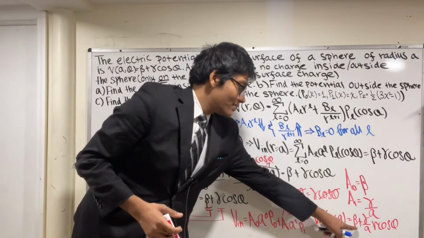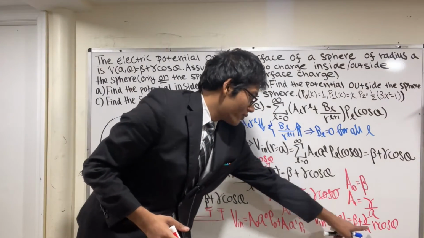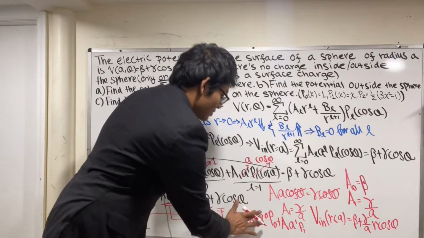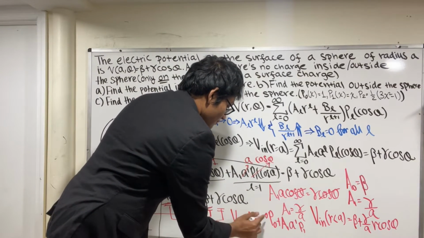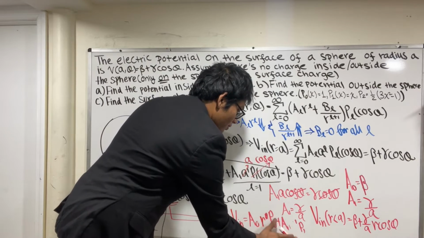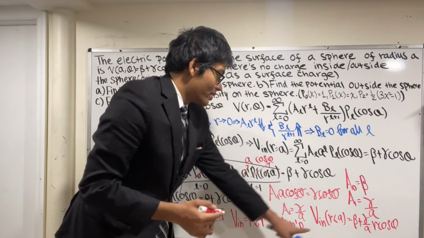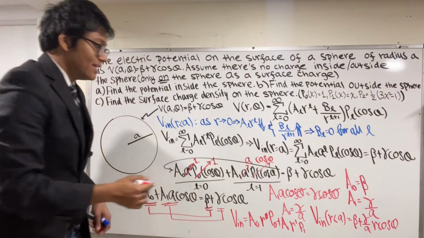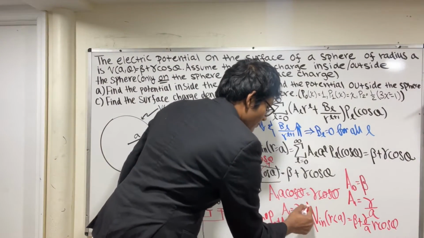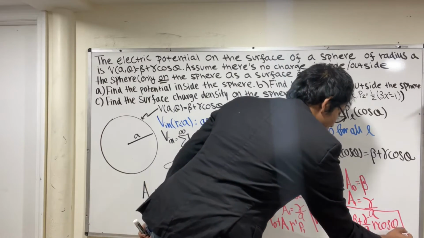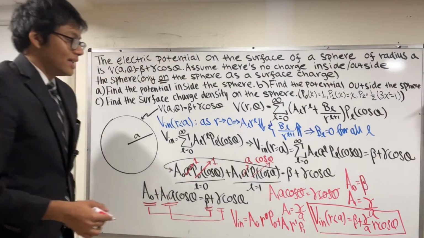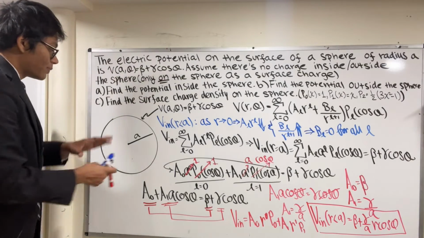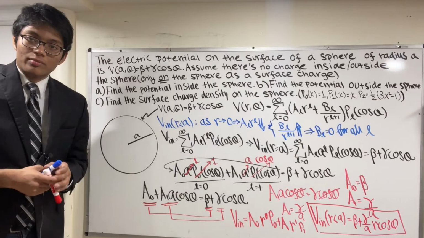A sub 0 is beta, A sub 1 is gamma over A. That's where this R comes from, R to the 0 and R to the 1, and P sub 1 is of course cosine theta. So this right here is the electric potential inside our spherical charge distribution. Now let's find the electric potential outside the charge distribution.